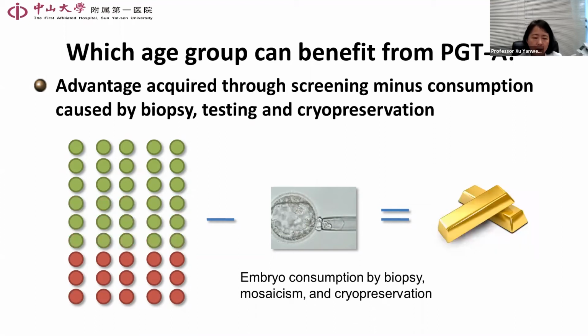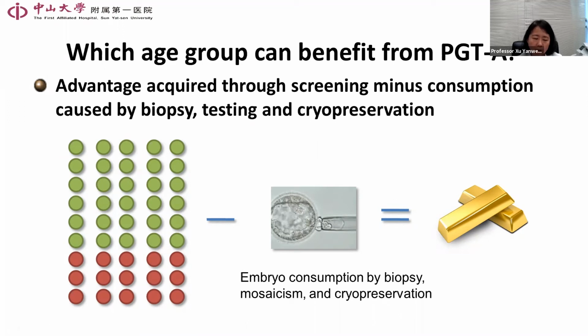However, in the young age group, considering an embryo transferred each time, the chance will be 70% euploid. Then the benefit of the selection may not overcome the consumption.